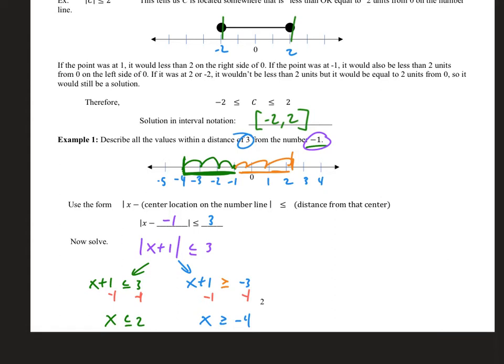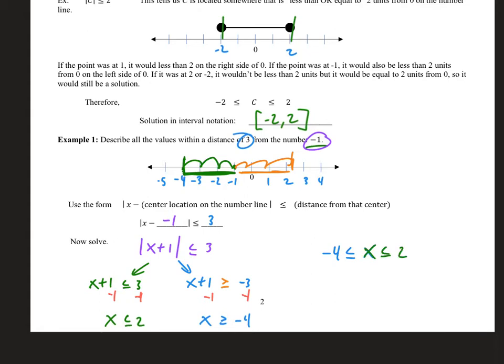So you would then need to rewrite it, so we put the smaller number on the left. So -4 is less than or equal to x. Essentially I'm taking this and flipping it around. Then we're going to take the other part, which is x is less than or equal to 2.